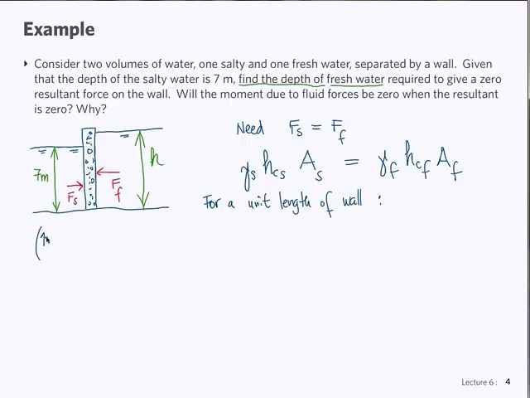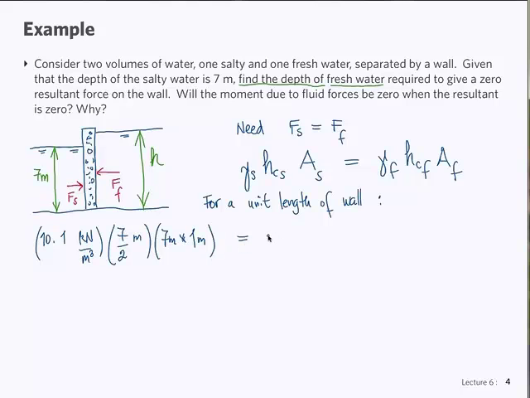So we have 10.1 kilonewton divided by cubic meter for salty water, and the centroid for a rectangle is just at the midway point. It's just the geometric center, and so it's 7/2 of a meter in the vertical direction. That's the depth times the area, which is going to be, for a unit length of wall, 7 meters times 1 meter. That's the area.